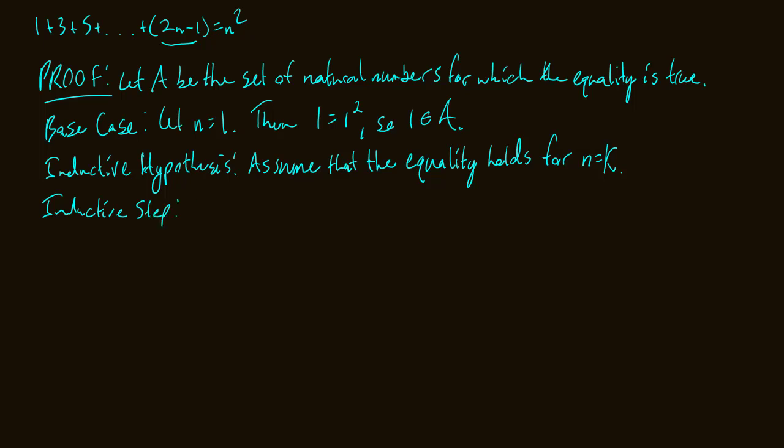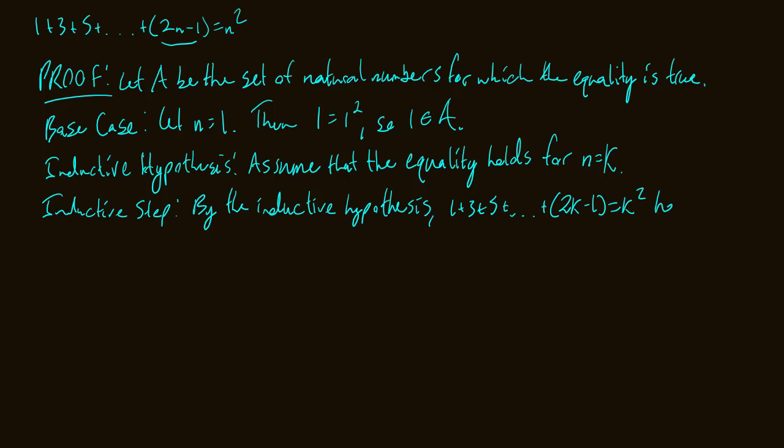Okay. So here's what we're going to say. By the inductive hypothesis, and again, in the hypothesis, we're assuming that the equality holds for n equals k. So by the hypothesis, we could say this is true: 1 plus 3 plus 5 plus ... plus 2k minus 1 is equal to k squared holds.